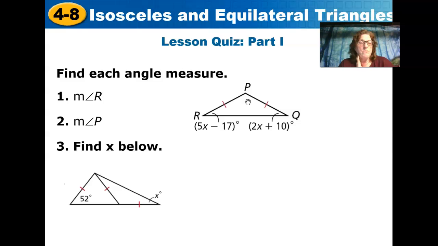For number 2, to find the measure of angle P, that's the vertex angle, so you have to do some work from question number 1. Figuring out that the measure of angle R is 28, the measure of angle Q would be 28, so subtract the sum of those two from 180 to get the measure of angle P, and hopefully y'all got 124.